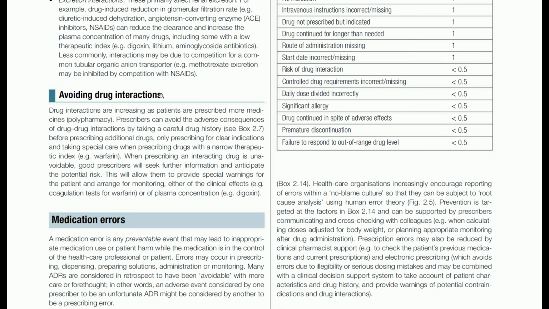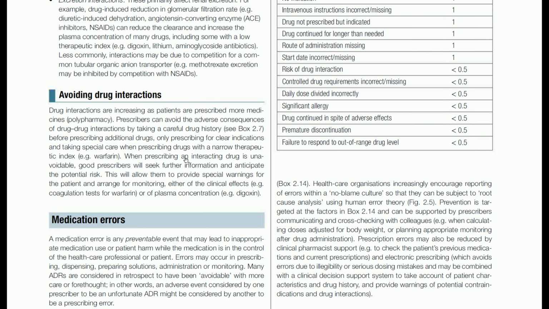Avoiding drug interactions. Drug interactions are increasing as patients are prescribed more medicines. Polypharmacy. Prescribers can avoid the adverse consequences of drug-drug interactions by taking a careful drug history. See box 2.7 before prescribing additional drugs. Only prescribing for clear indications, and taking special care when prescribing drugs with a narrow therapeutic index, for example warfarin.